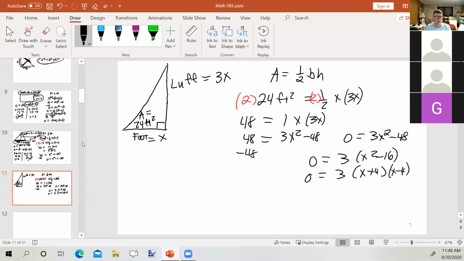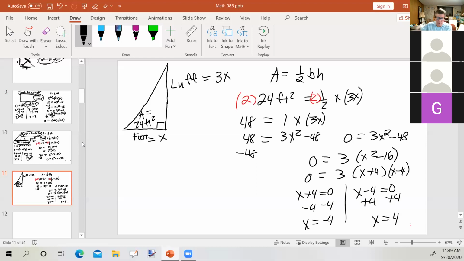Again, I can ignore the 3, or I can divide both sides by it, and I end up with x plus 4 equals 0 and x minus 4 equals 0. If x plus 4 equals 0, subtracting 4 from both sides, I get x is negative 4. If x minus 4 is 0, I add 4 to both sides and get x equals positive 4.